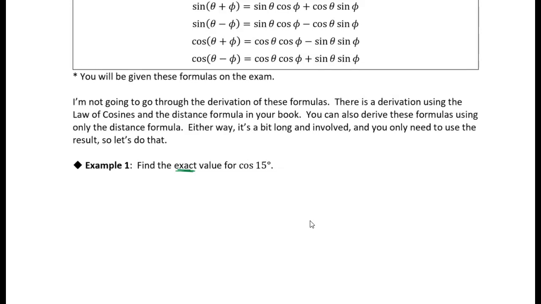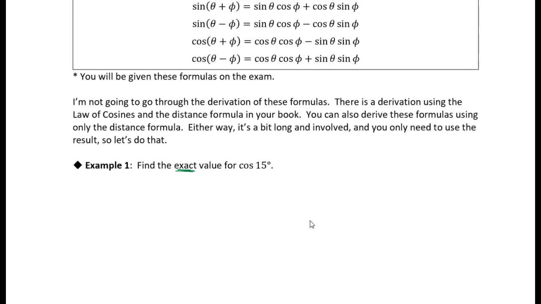So we have to figure out a way to find the cosine of 15 degrees using the angles that we know. Angles like 0, 30, 45, 60, 90, and so on. Any other angles that have reference angles of 30, 45, or 60.